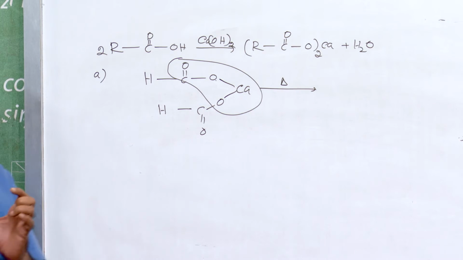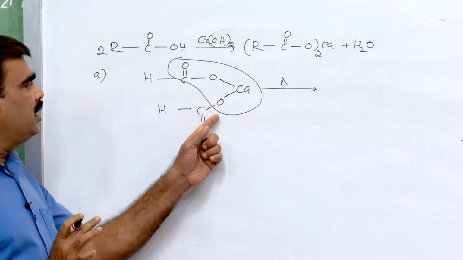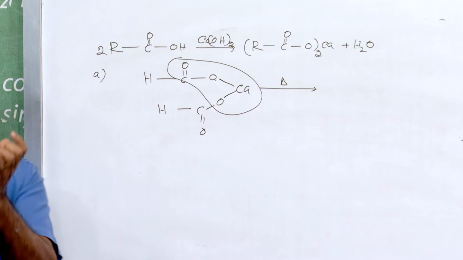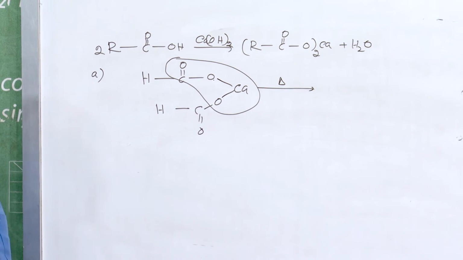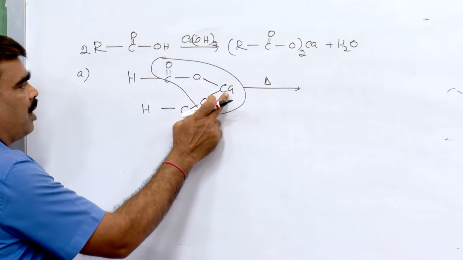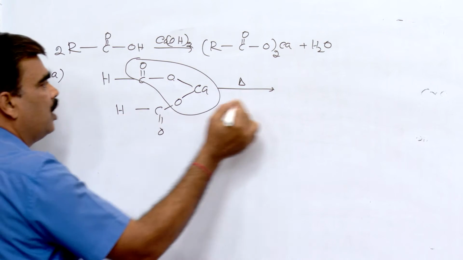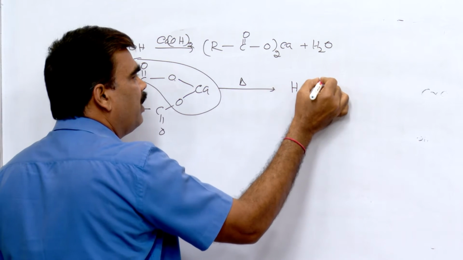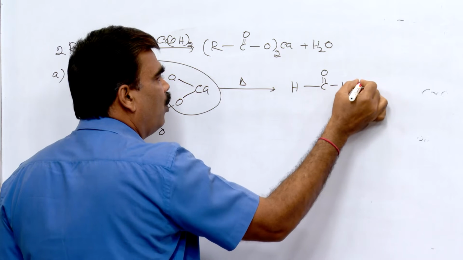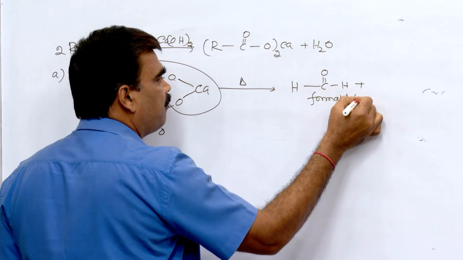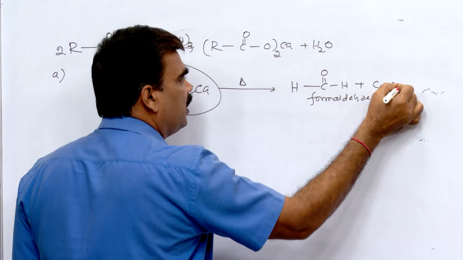You should know how to draw the structure so that the product can be obtained. If this forms CaCO3, calcium carbonate is eliminated and we get formaldehyde. So this is the suitable method for preparation of only formaldehyde. So this is formaldehyde and calcium carbonate, right?